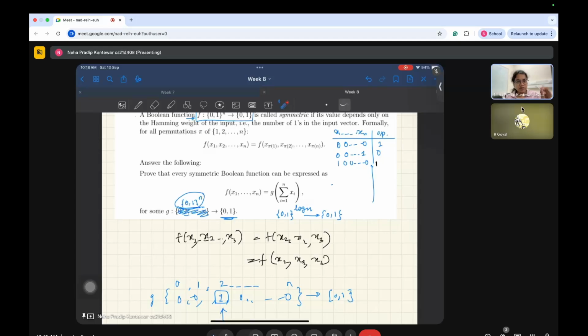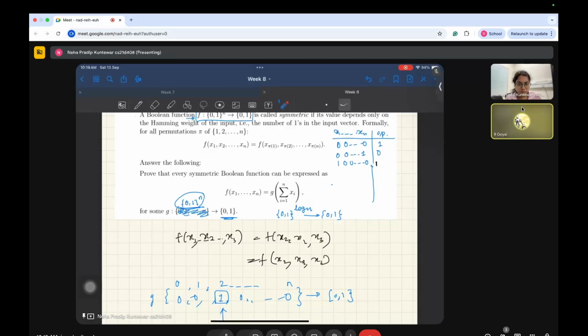That's why we could reduce it to a smaller function. So how can this be equal to the g of the summation of xi's? Indirectly the question is probably asking that in whatever order you assign the values to x1 to xn, you just need to bother about their summation and nothing more than that.